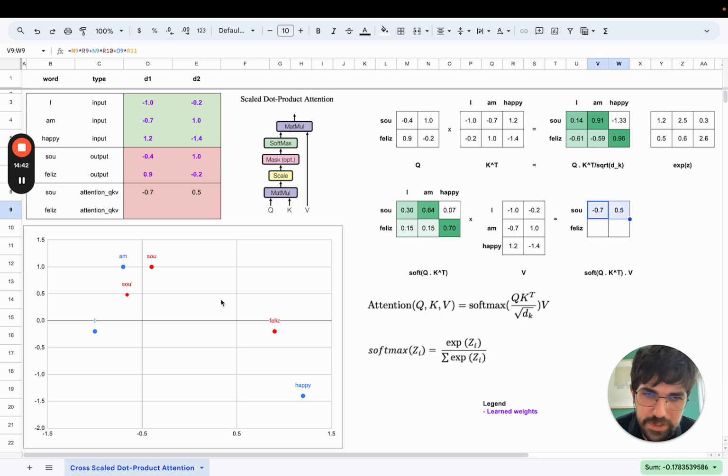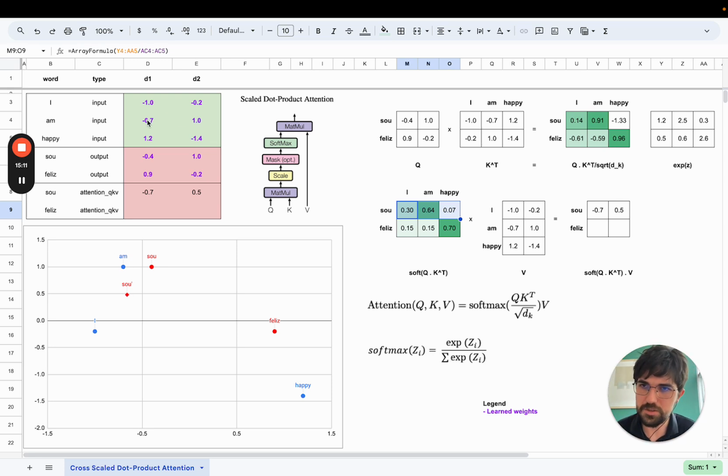So what we have here is a new position of this vector "so", which is going to be based on those contributions. Since the word "I" and the word "am" are more similar than the word "happy", you are sending the vector to a new position which is closer to both of them.